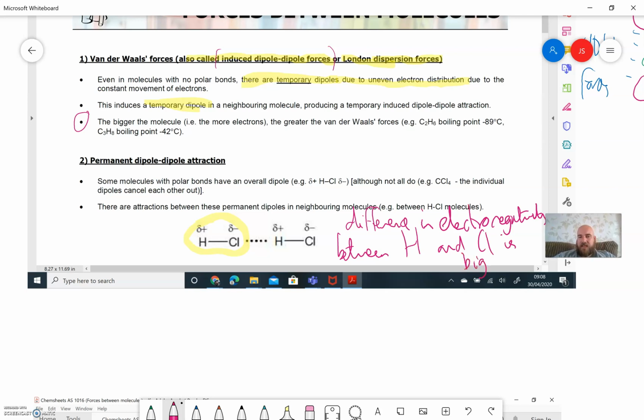There's a big difference in electronegativity between hydrogen and chlorine. You could state that chlorine is more electronegative because it's got the delta negative sign there. So that's basically permanent. It's a permanent dipole.